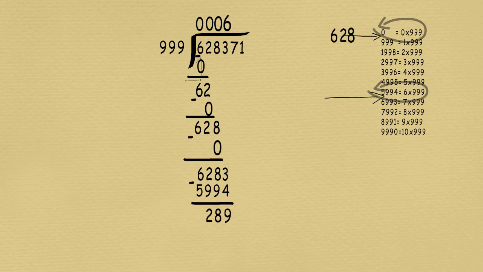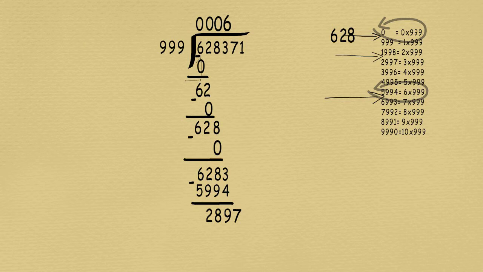The next step again is I'm going to bring down the next number in the list, which is the number 7, so that I now have the number 2897. Once again, I'm going to squeeze the number somewhere in between two numbers on the multiplication table, and I can see that 2897 is in between 1998 and 2997.